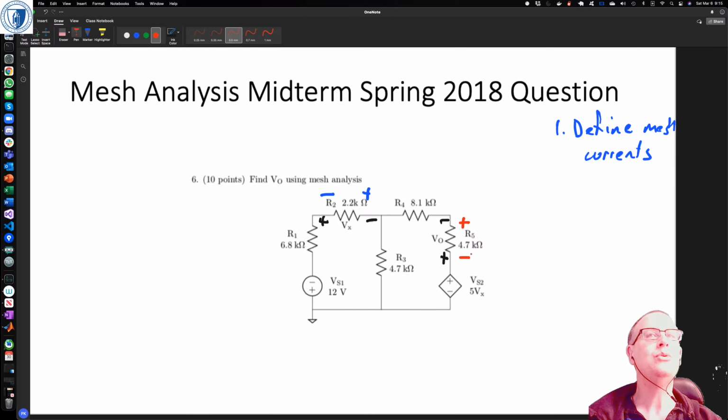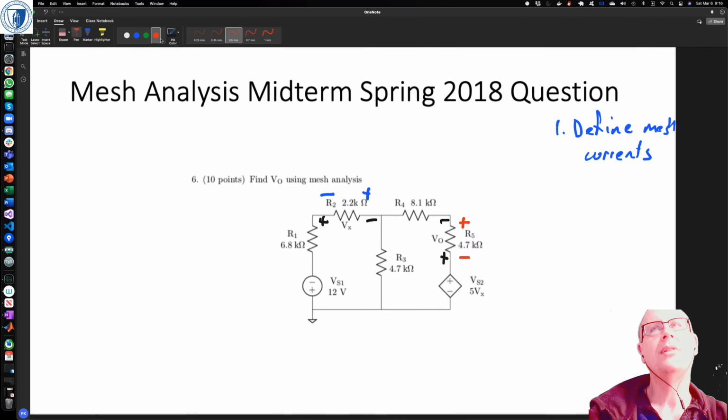Because if you define the polarities that way, that will mean Vx is equal to minus VR2 and V out is equal to minus VR5. And that means Ohm's law doesn't apply directly. So Vx will be minus I1 R2 and V out will be minus I2 R5.